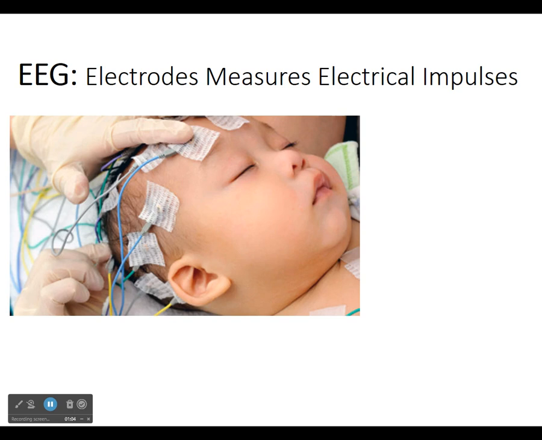Now that you have your chart ready to go, let's begin with the EEG. The EEG will use electrodes that measure electrical impulses throughout the brain. So as the brain communicates and sends out action potentials, the electrical charge within the brain changes.